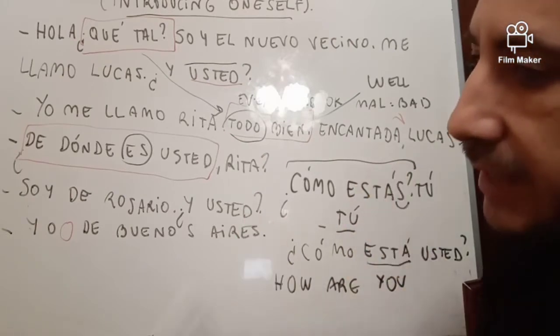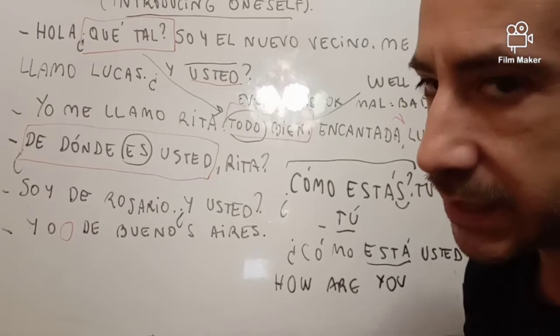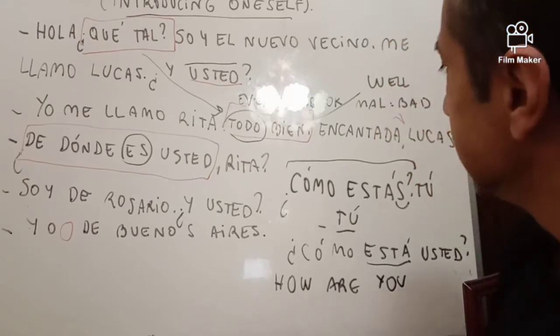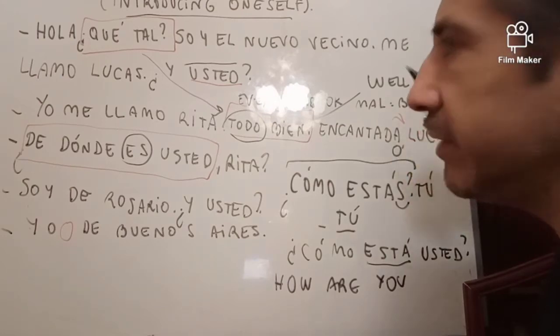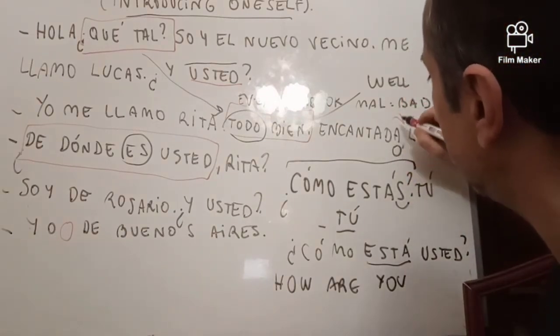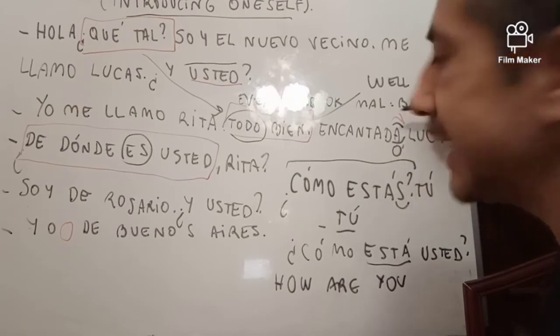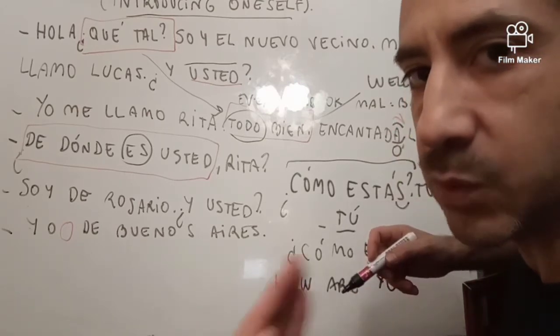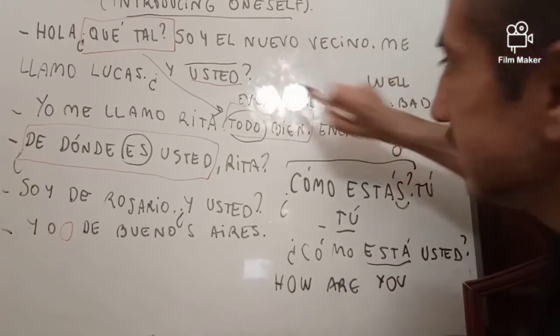Encantada, Lucas. In the other dialogue, the speakers were two men. So one of them said encantado. But I think I told you that in the case of a woman, the speaker says encantada. So she says encantada, Lucas.